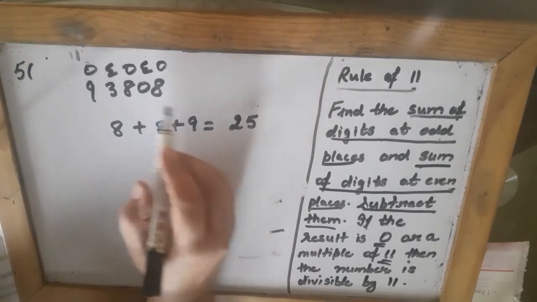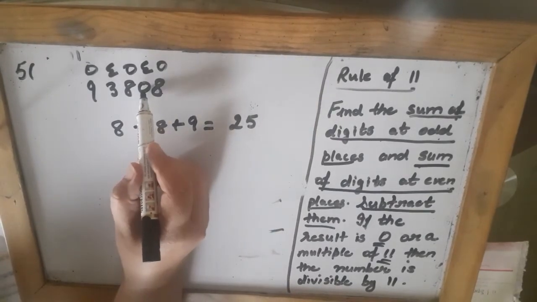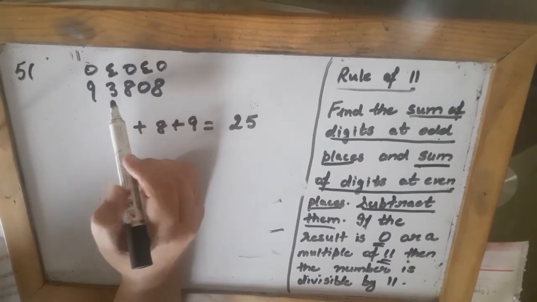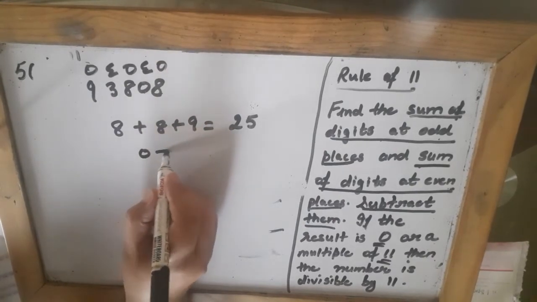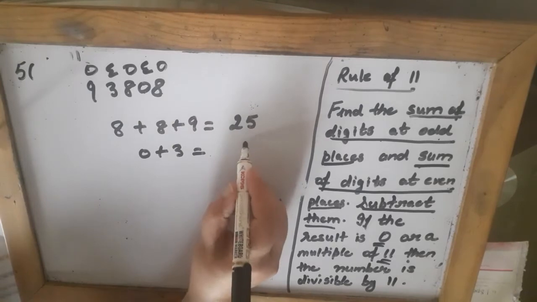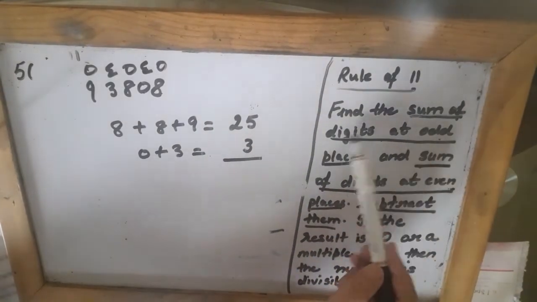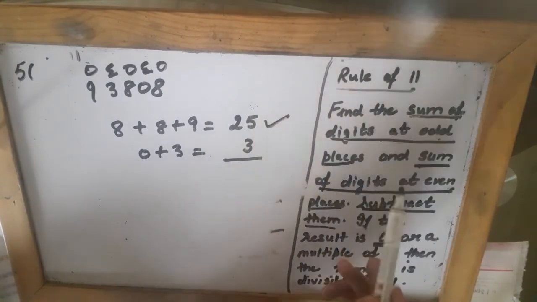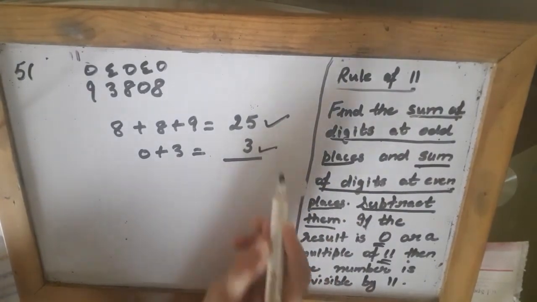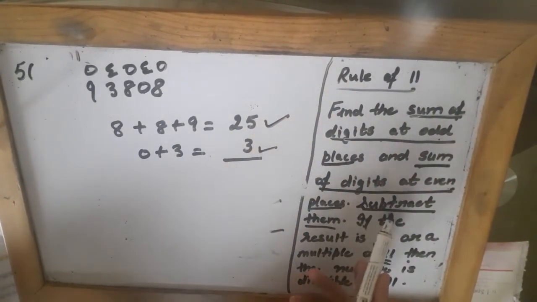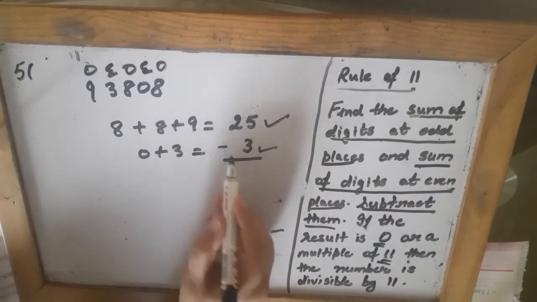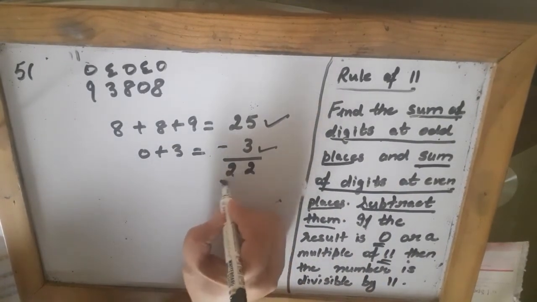Now I will add the digits at the even places, 0 and 3. So 0 plus 3, what is that? 3. Now according to the rule, I have taken out the sum of digits at odd places and the sum of digits at even places. Now what is next? I have to subtract them. Now when you subtract, you will get 22.